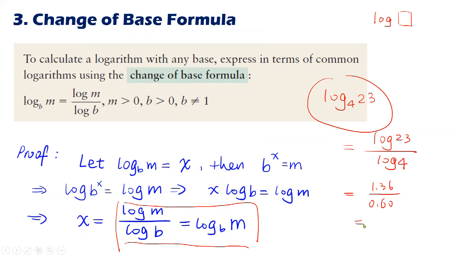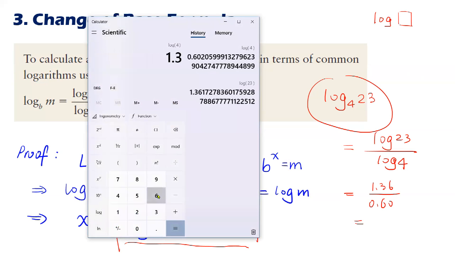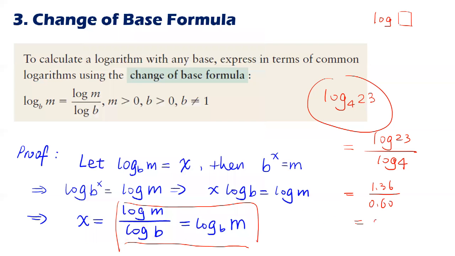And then we can get the approximate value of log base 4 of 23, which is about 2.27, right?